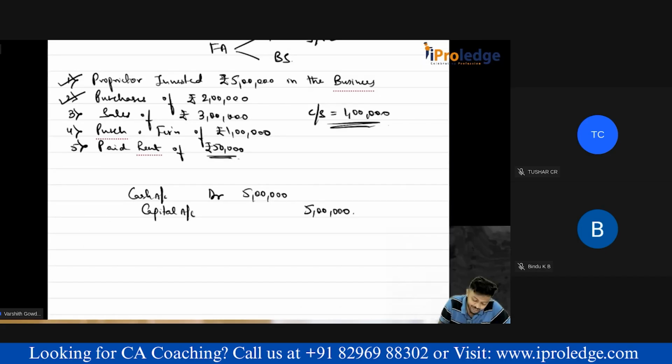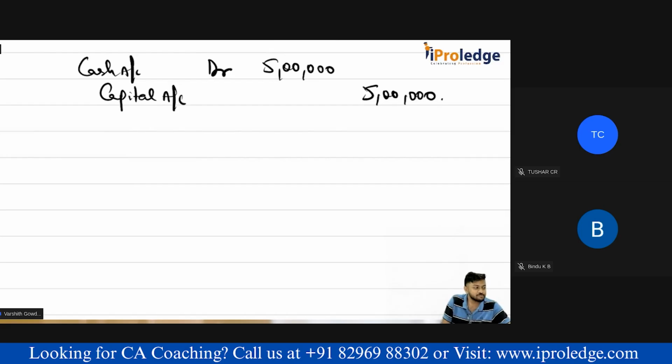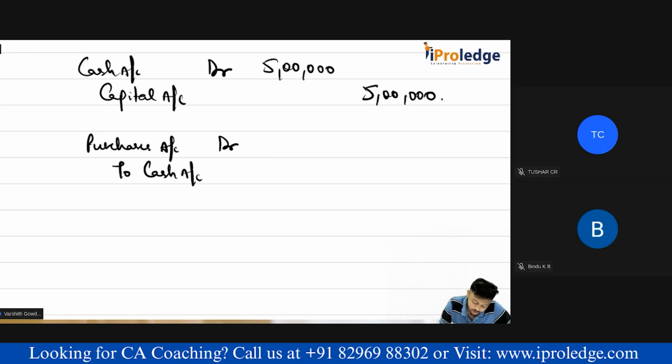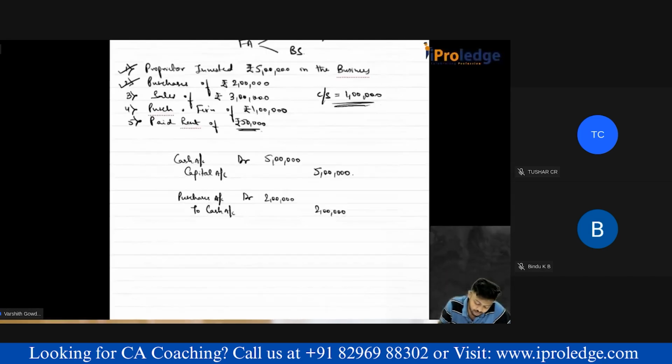We made a purchase of 2 lakh. So purchase is what? Purchase is an expense. Expense increasing, so purchase account debit. How much? 2. What is decreasing? My cash is decreasing. Asset decreasing, credit to cash account, 2 lakh. Then the third one, sales.